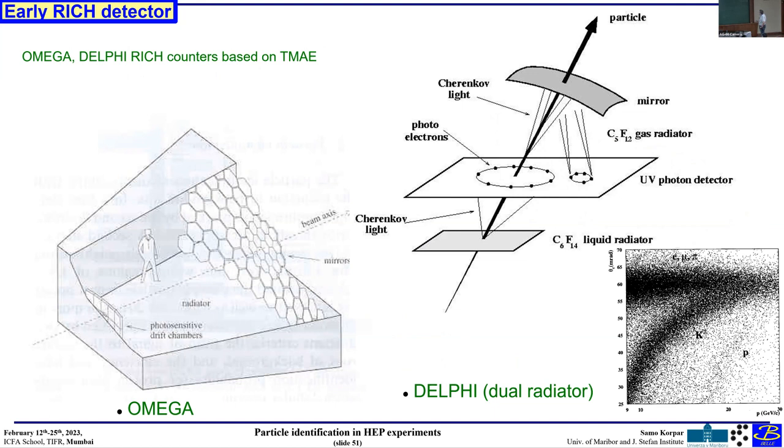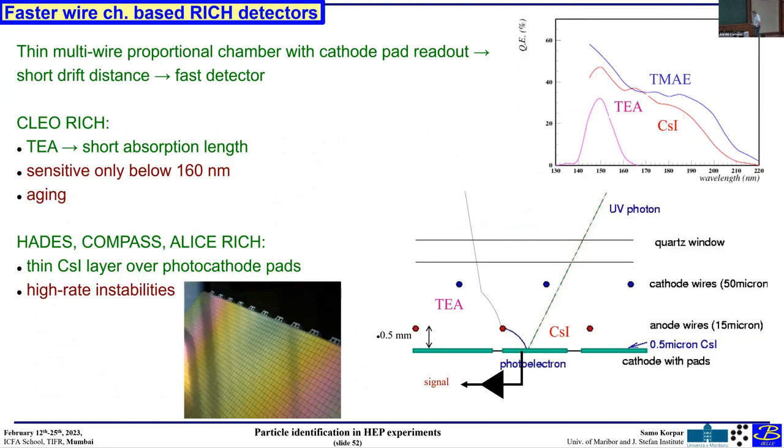You had a UV photon detector, a time projection or drift chamber, here with TMAE. On one side, you had a liquid radiator working in proximity focusing mode for lower momentum coverage, and on the other side a gaseous radiator with mirrors. There were many such detectors around the barrel of the detector, and you would get two possible rings in the lower and higher momentum range, to cover larger areas. These are examples of the early gaseous RICH detectors.